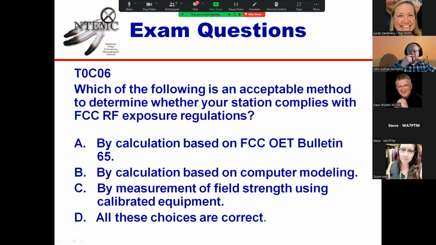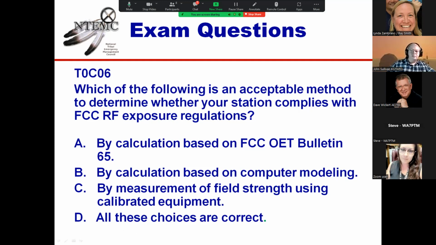Which of the following is an acceptable method to determine whether your station complies with FCC exposure regulations? Well, we've already learned that the FCC has these permitted levels, but how do you ensure that you're meeting that? Well, there is an FCC document called the FCC OET Bulletin 65, which basically explains how you determine whether or not you're meeting the requirements.